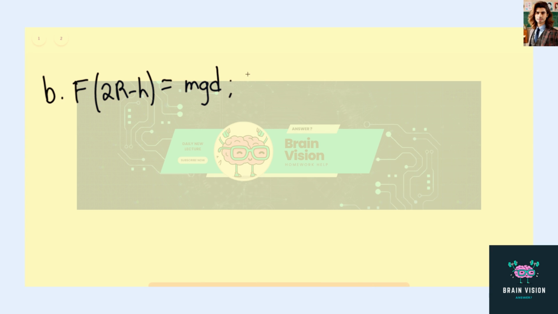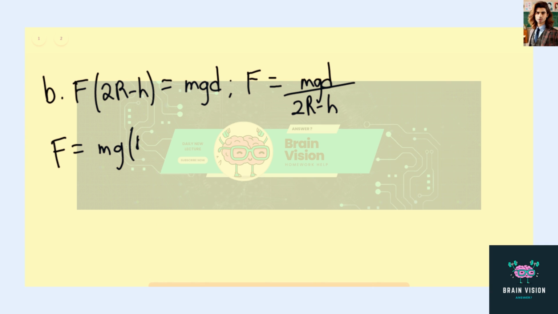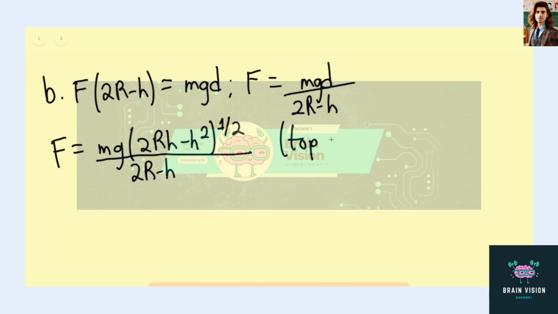And again, F is going to be equal to mgd over (2r minus h). And again, F is going to be equal to mg times (2rh minus h squared) to the 1/2 power divided by (2r minus h). And this would be, again, the top of the wheel.